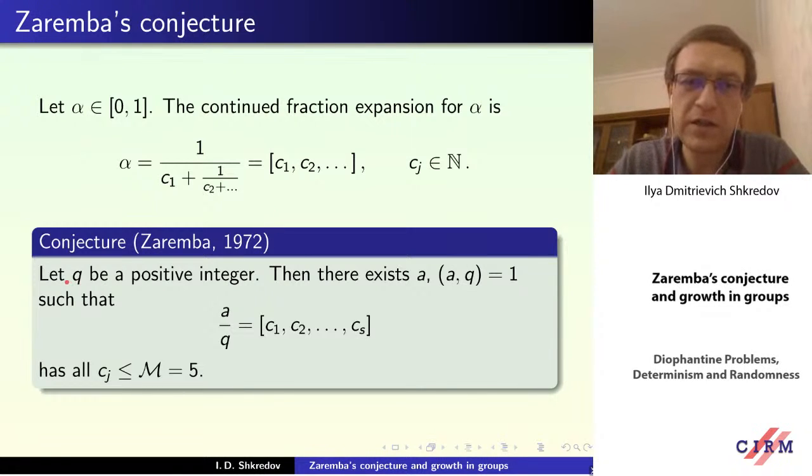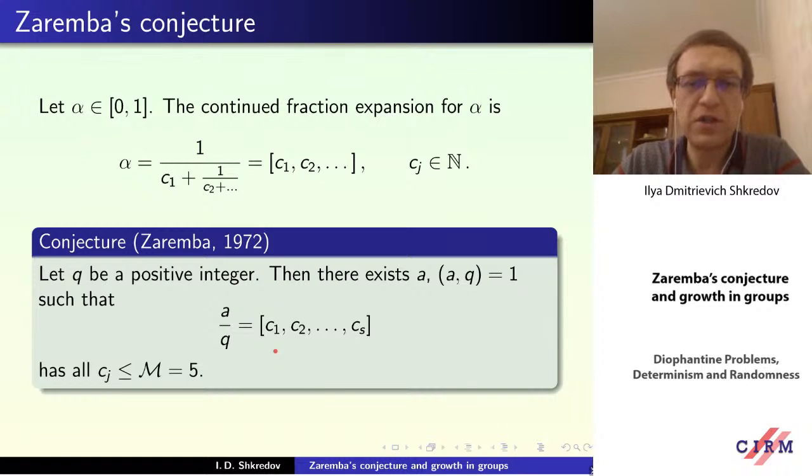Let's fix a positive integer q, and we want to find the numerator a, coprime with q, such that if you consider the continued fraction expansion of the ratio a over q, then all partial quotients are bounded by some constant.